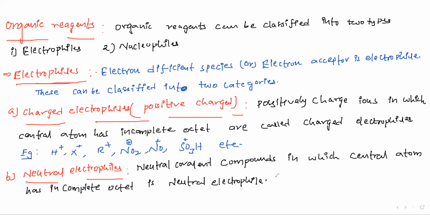Example: BeCl2. We learned that in chemical bonding last year also. In beryllium chloride, the beryllium has 4 electrons. To get stability, the atom should have 2 or 8 electrons in its outermost shell after bond formation, so that is the octet rule. But here beryllium has fewer electrons than normal. Its valence electrons are 2 only, and each chlorine atom has 7 valence electrons.